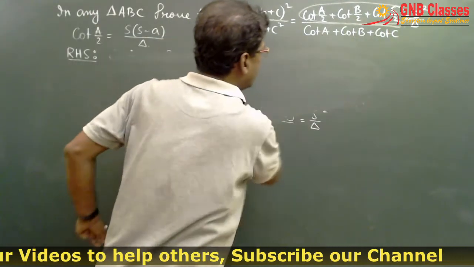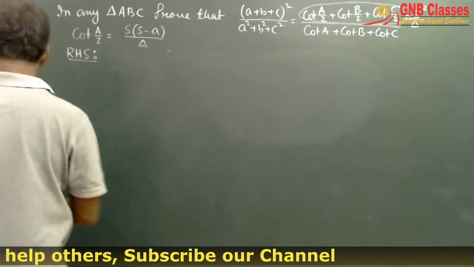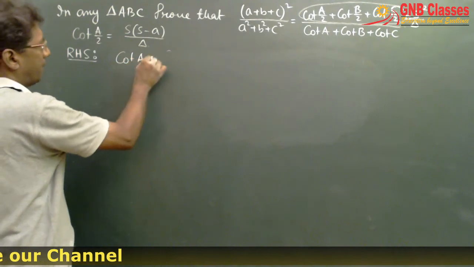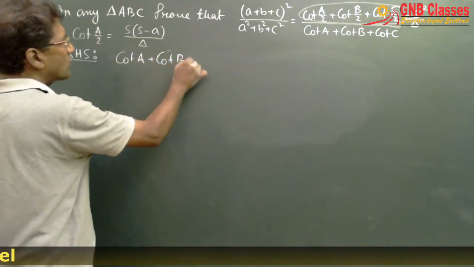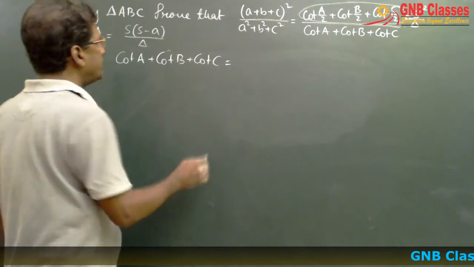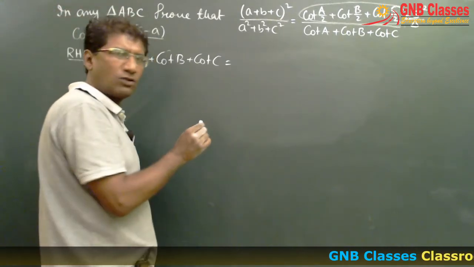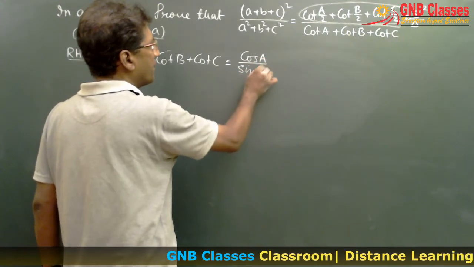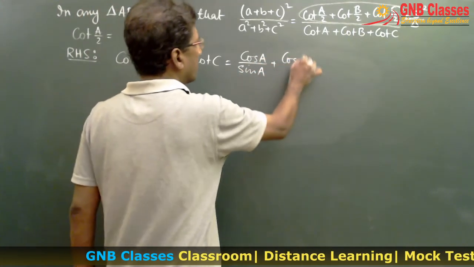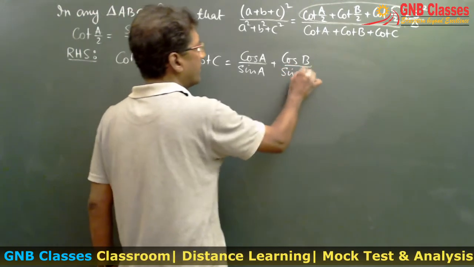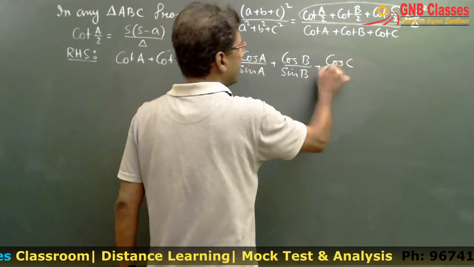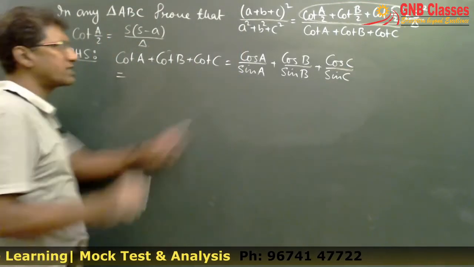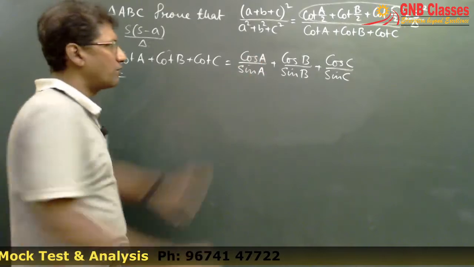Now let me just rub this portion. Now let us go to the denominator of your right side. We are having what? We are having cot A plus cot B plus cot C, which if I convert it in terms of sine and cos, we are going to get cos A by sine A, cos B by sine B, and cos C by sine C. Now, if we apply the cosine formula for cos A, we are going to get what?